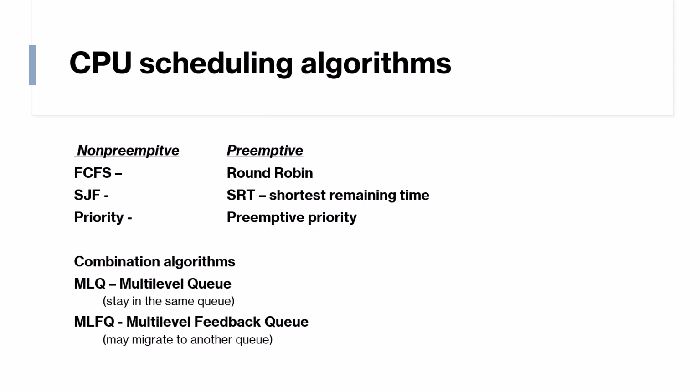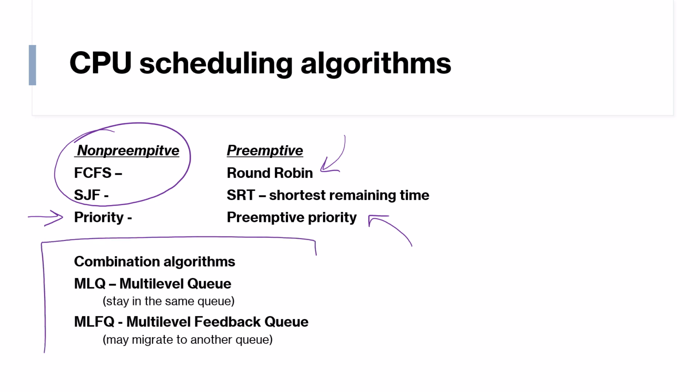In the next video, we will start with some non-preemptive algorithms: first come, first serve, and shortest job first. And then we will move on to priority-based algorithms, preemptive round robin, and preemptive priority. And finally, we will get to some combination algorithms, multi-level queue and multi-level feedback queue.